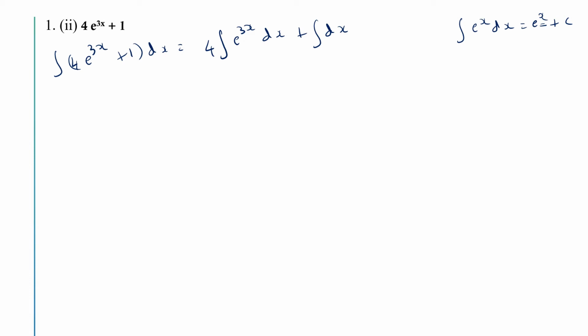So here integral e raised to 3x dx is e raised to 3x divided by 3. So this is equal to 4 e raised to 3x divided by 3, then plus integral dx, which is x, plus c. So we have to see the coefficient of x and divide the answer by that coefficient.